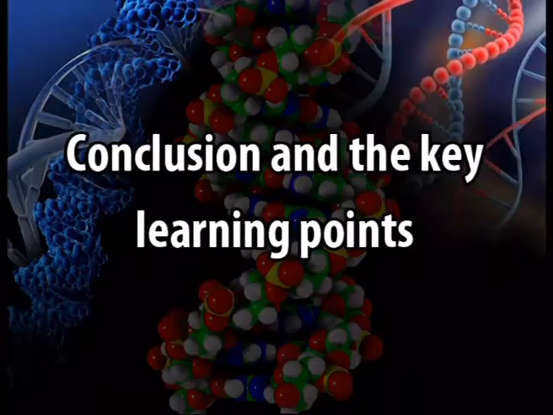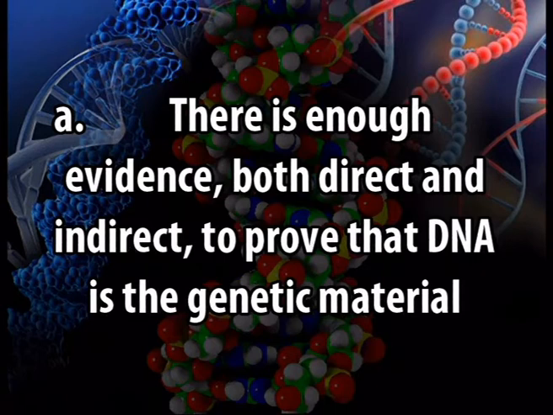And from all this discussion, the conclusion that we can draw, or the key learning points for us, are that yes, DNA is a genetic material and there is enough evidence, both direct and indirect, to prove that DNA is indeed the genetic material. The three classical experiments that I made a mention of proved beyond any doubt the role of DNA as the genetic material.